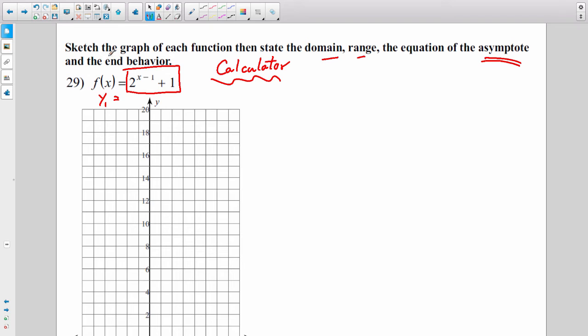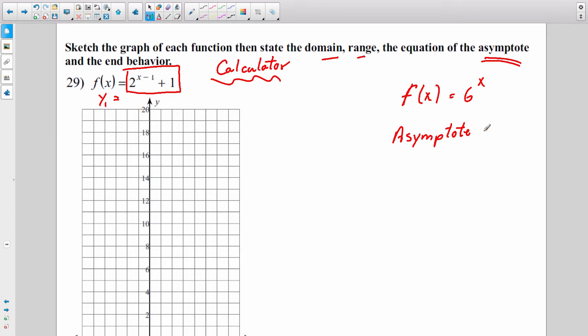So something for you to know that was in your notes for some of these previous videos on exponent graphs was the fact that if you have a function like this, the asymptote is always y equals 0.